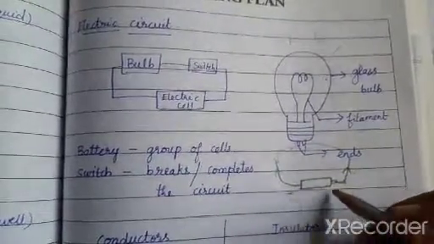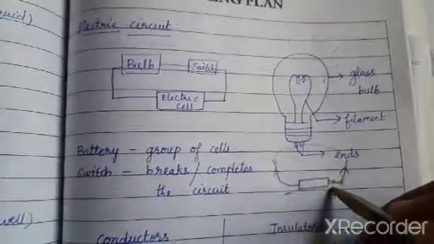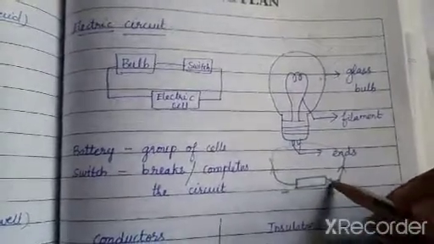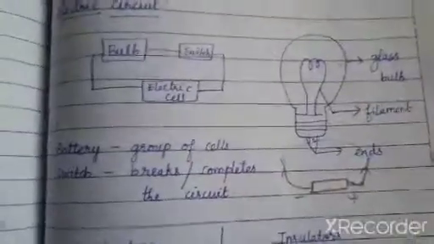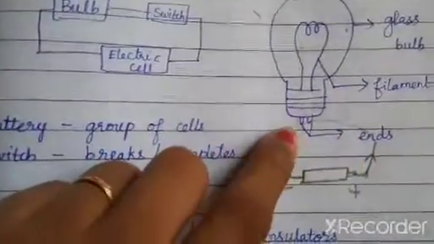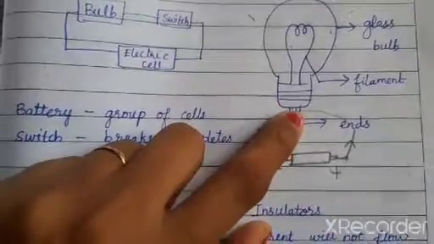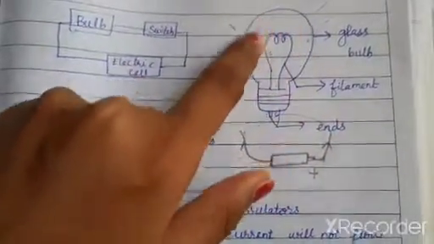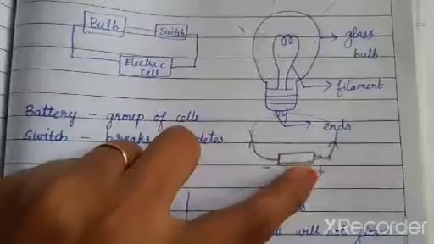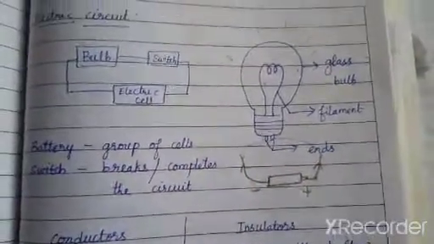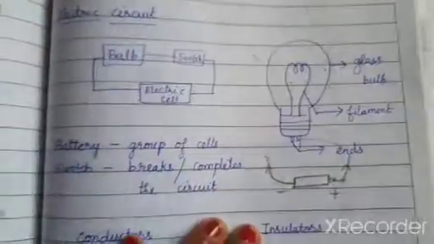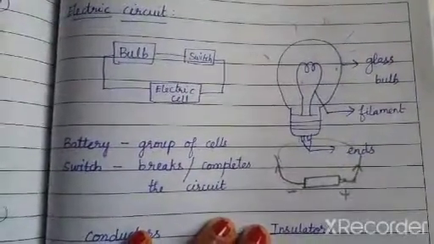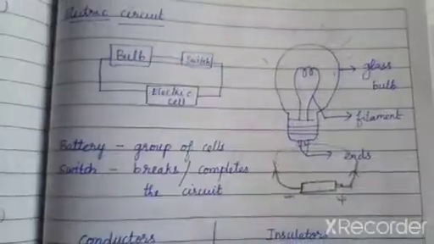So in an electric cell we already know that there are two terminals, positive terminal and negative terminal, and there will be two wires connected to it. These two wires will be connected to the two ends of the bulb and the current flow will be continuously seen from the positive to the negative terminal. So I can tell this is a complete circuit of current flow. There is no interruption at all.